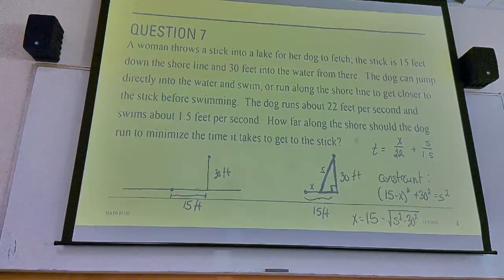Solve for x in terms of s. So we can write time now strictly as a function of s.